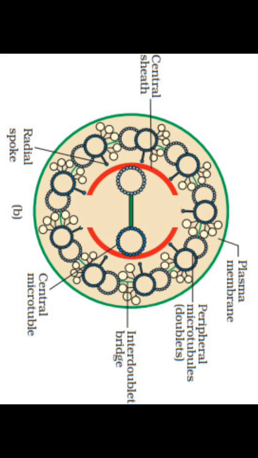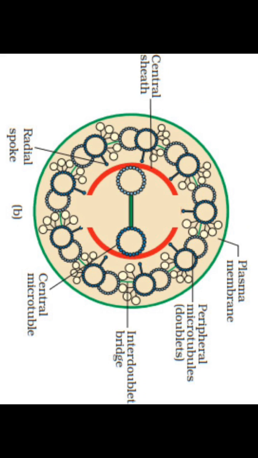They are not joined as a pair, they are individually present in the center, so they are considered as 2 only, not as a pair. So the 9+2 arrangement of microtubules can be seen in the internal structure or transverse section of cilia and flagella, which you are seeing on the screen right now. It is called the 9+2 array. Have you understood? Now one more structure explanation.